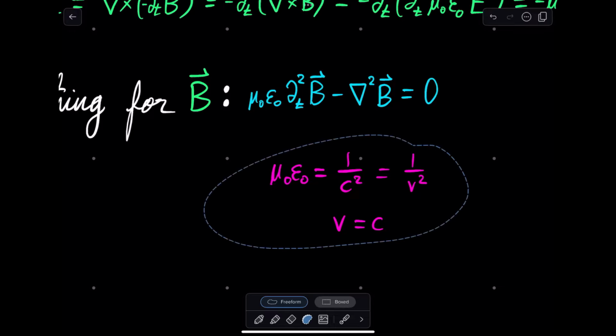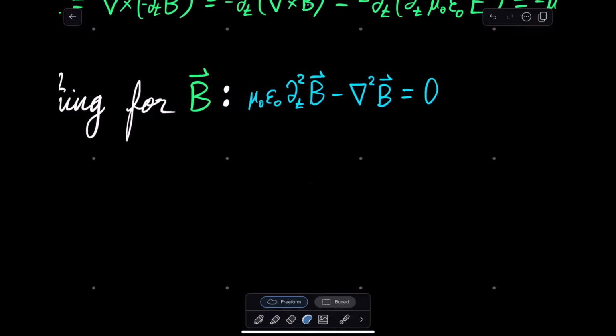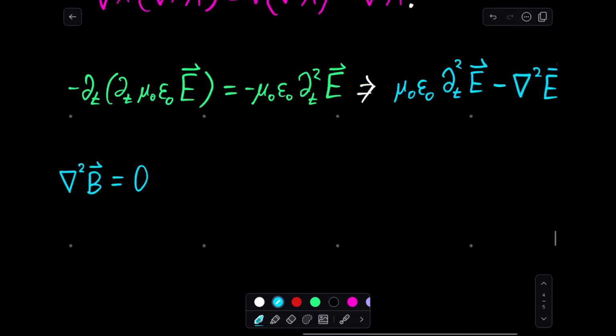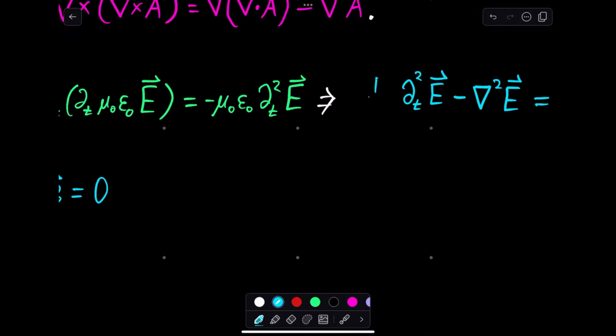And so that's how these wave equations go at light speed. And so to emphasize that fact, I'm going to just rewrite this as 1 over c squared.